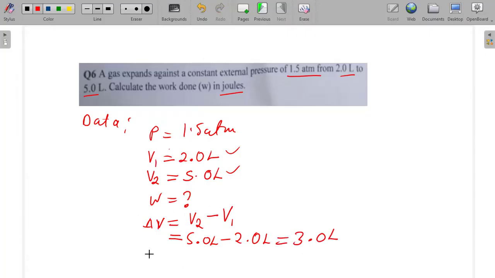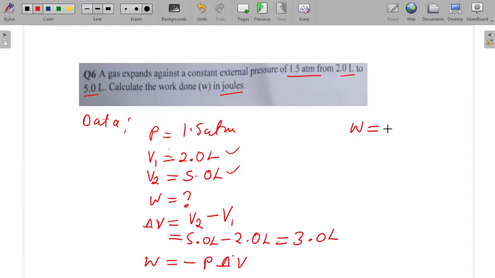Okay, so now we are looking for work, right? We know that work is going to be given by the negative of P times the change in volume. So the P here is the external pressure that we've been given. Then the change in volume is the one that we've calculated. So we can calculate our work there, isn't it?